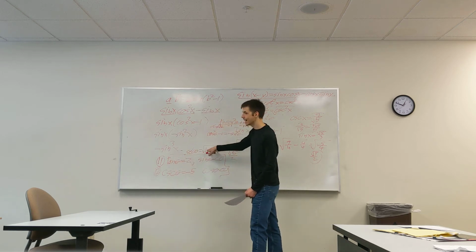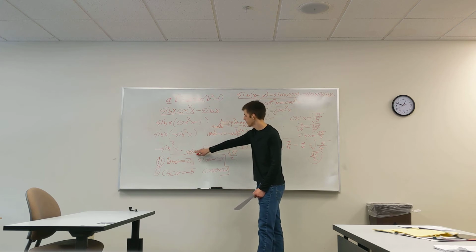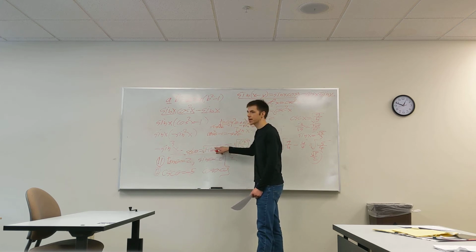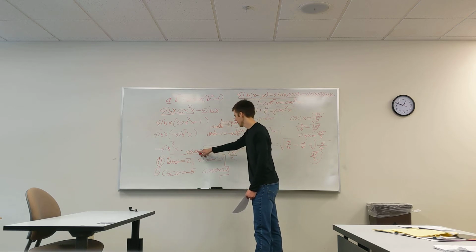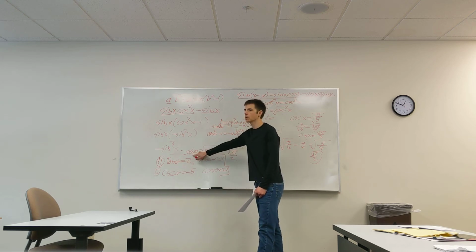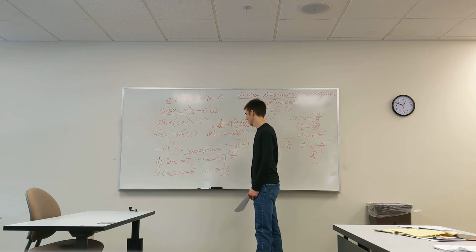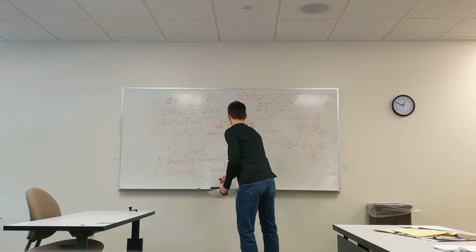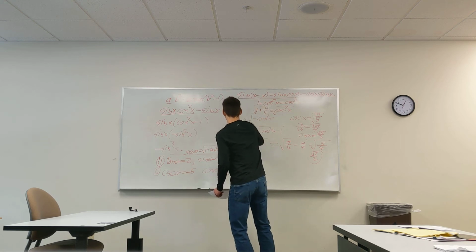And so then I could use this. So secant squared theta is 1 plus tangent squared theta, right? I just take the square root of both sides. And this will give me secant theta, which of course will also give me cosine, right?